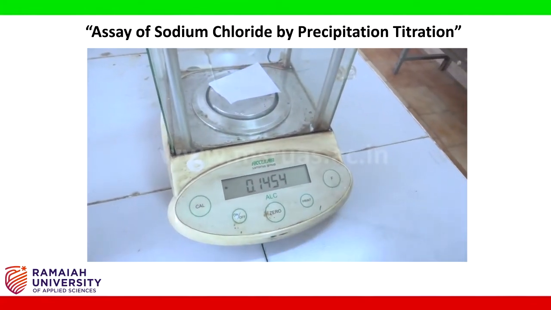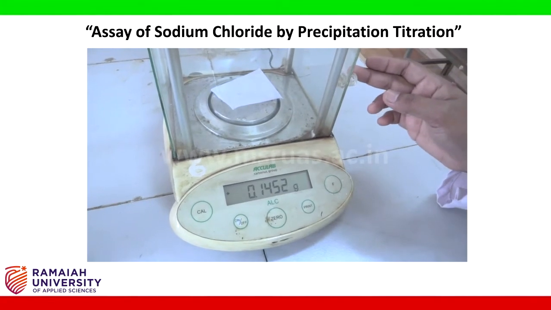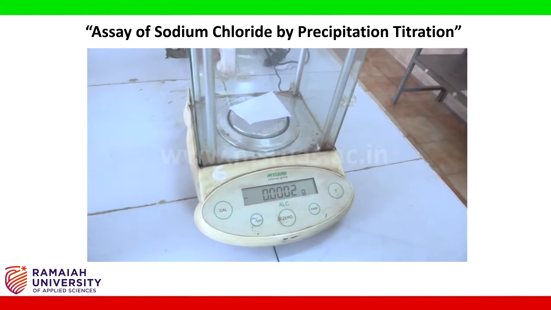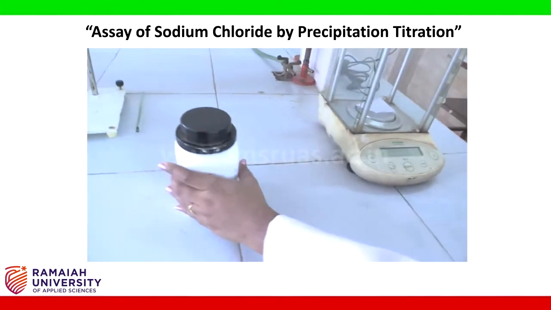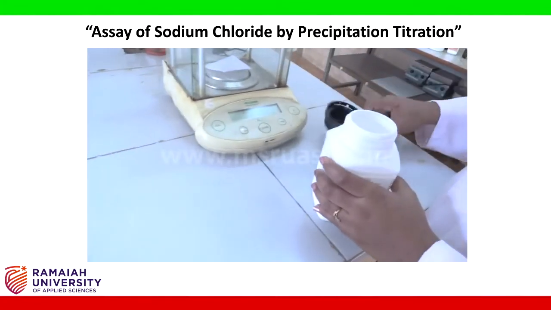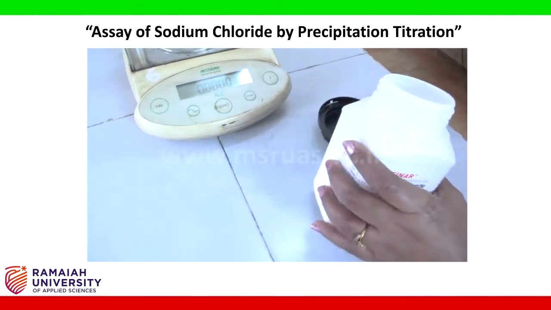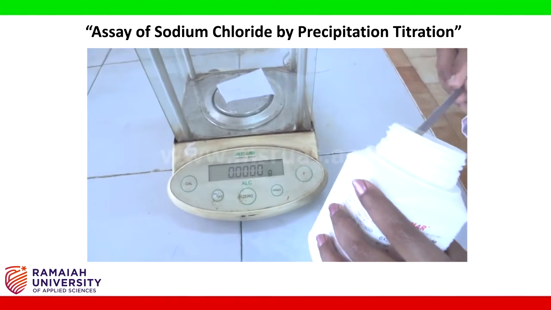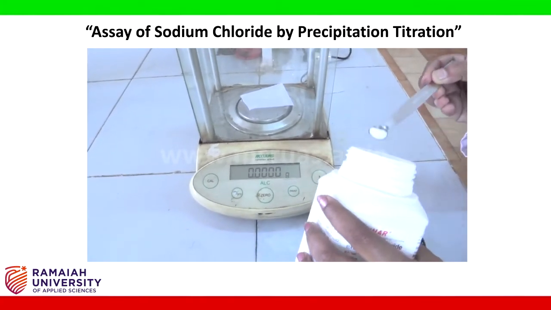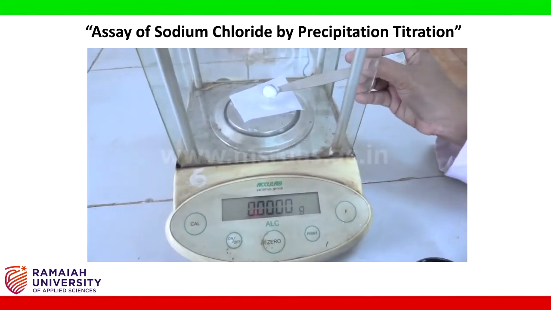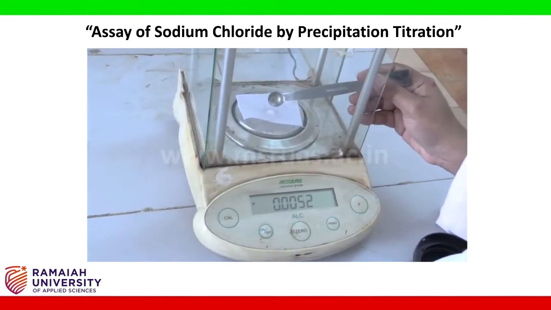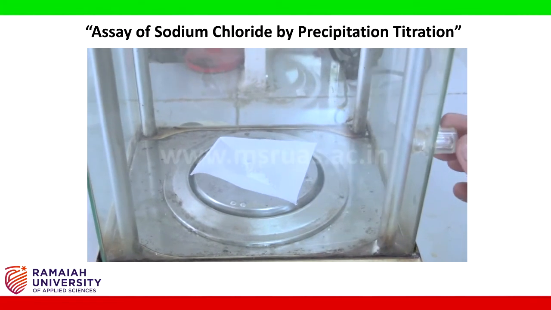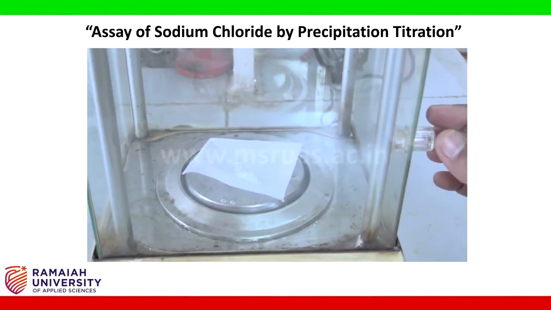Tare the paper weight to 0. After weighing 0.1 grams of sodium chloride, it is transferred into conical flask.